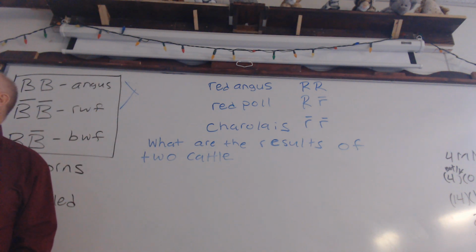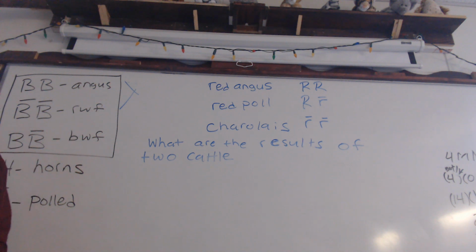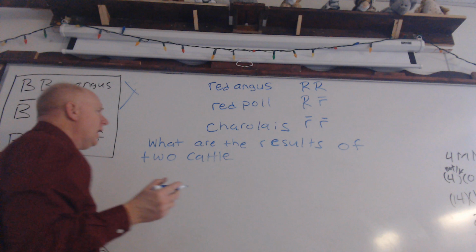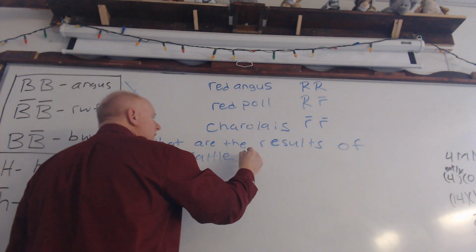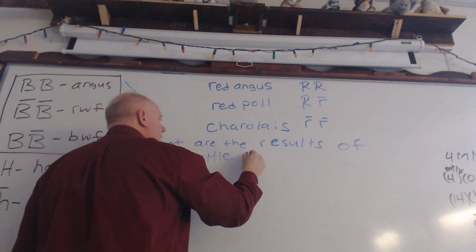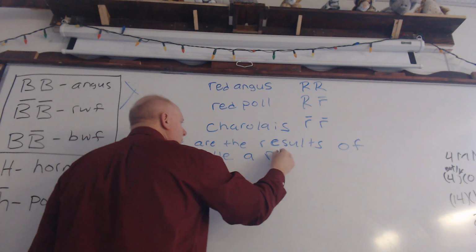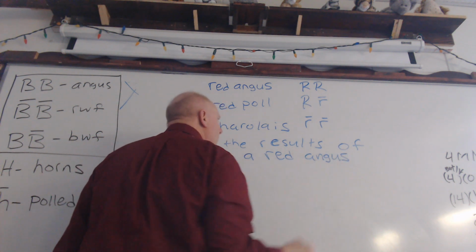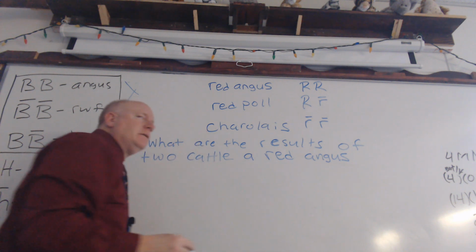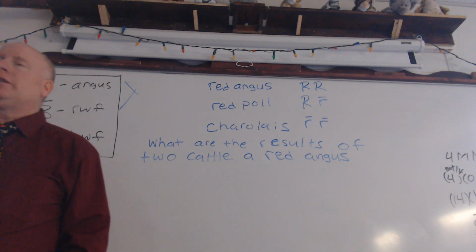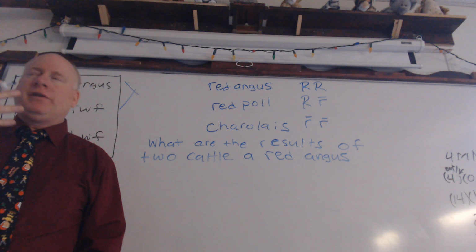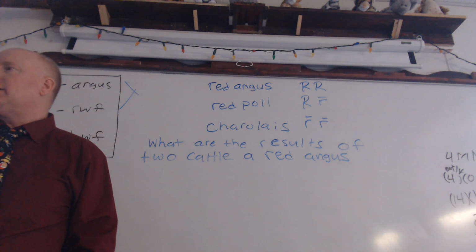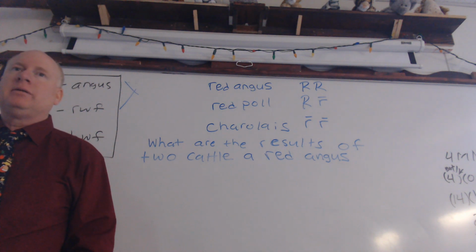So, what is one of the cattle's genotype? We've got a red Angus, and we're going to say it's got horns, but with this horns, is it homozygous or heterozygous?